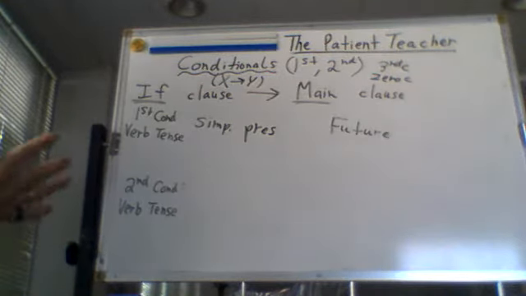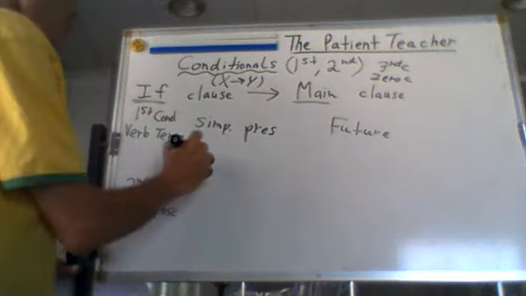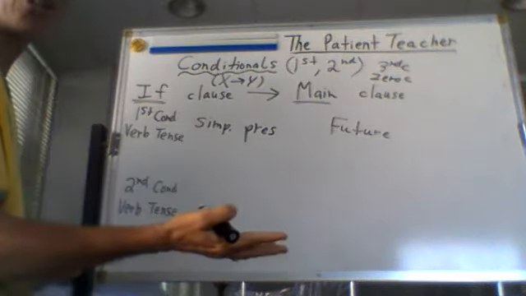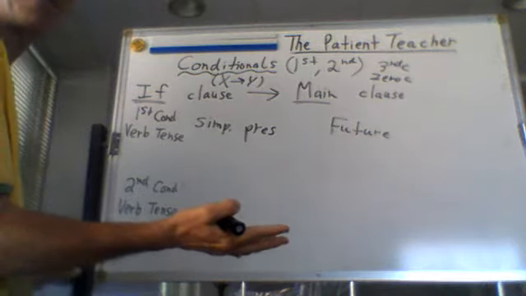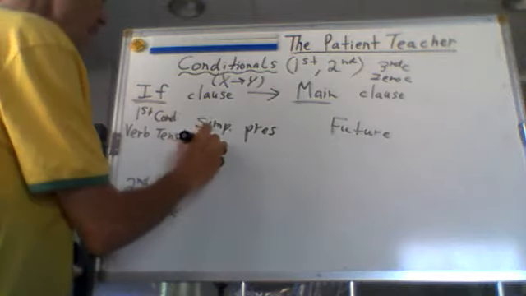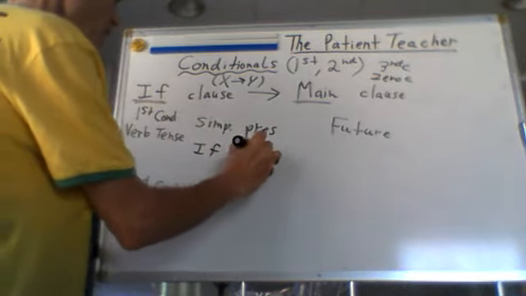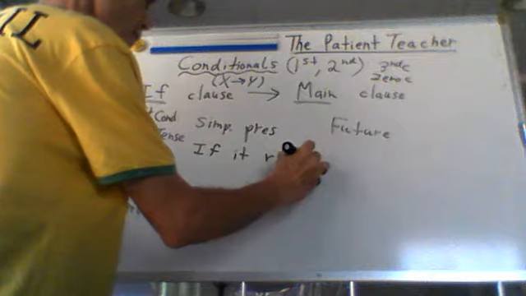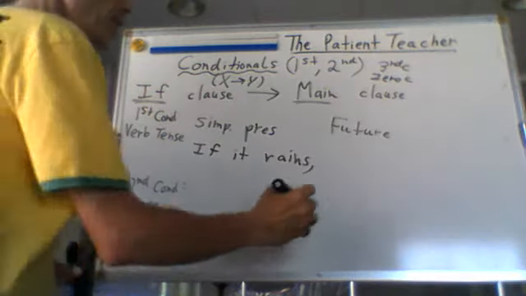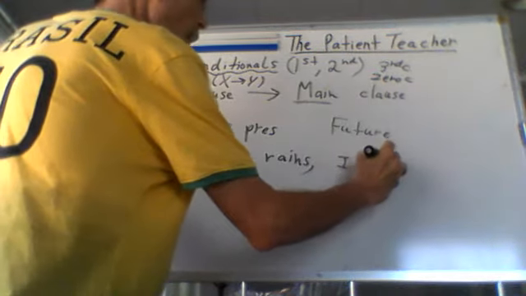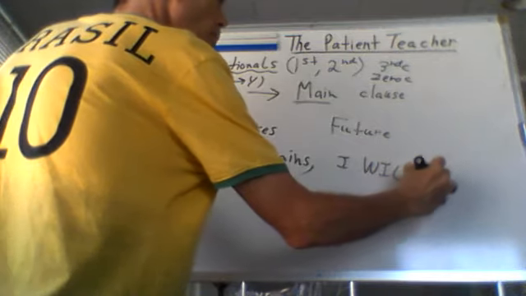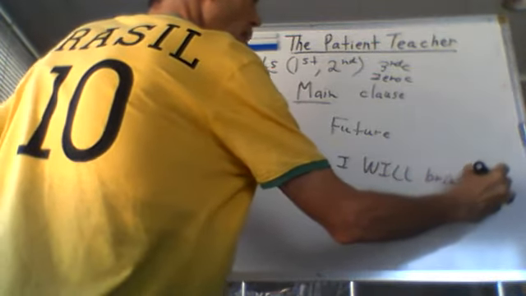So let's think of an example sentence. The one that everyone uses for this is, if it rains, right, I will bring my umbrella. Right?